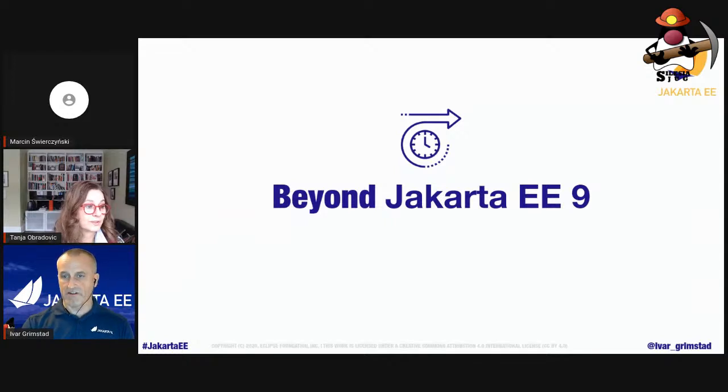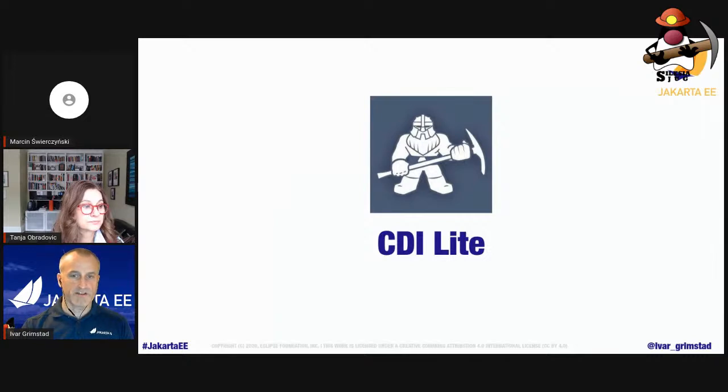And we've also been looking a little bit ahead after EE 9. One thing that is moving pretty well right now is CDI Lite. The CDI team is creating a specification that is a subset of CDI. That is one decision they made. It's going to be a subset so that the regular CDI version will build on CDI Lite.